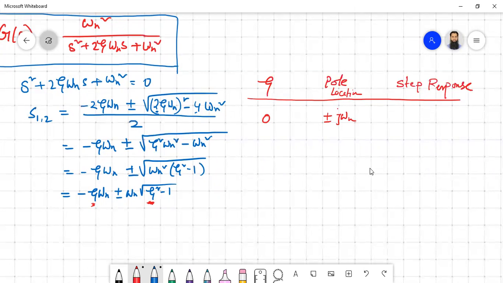So what does it mean? A pure oscillation. From this one, we are going to get a pure oscillation, without decaying. Okay, so this is case 1. Now, the next case is if your value of zeta is in between 0 and 1.